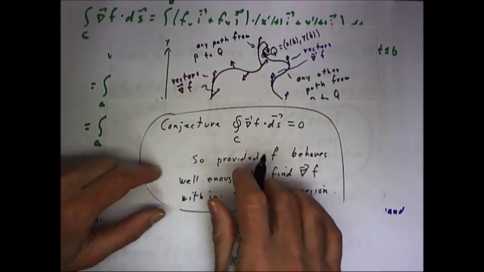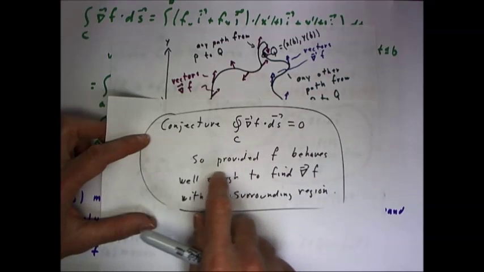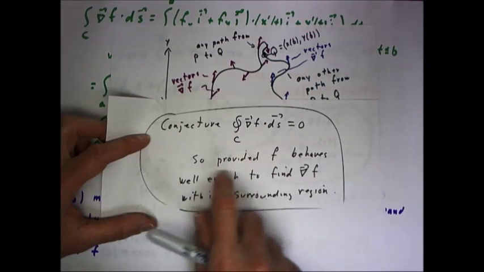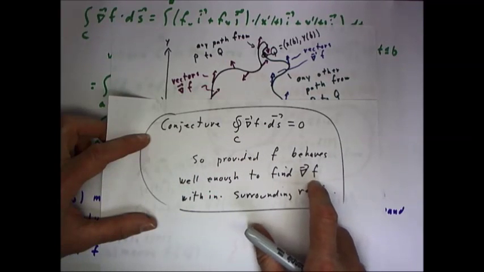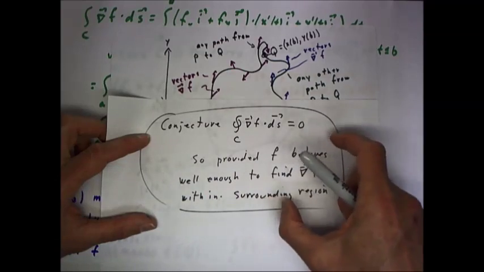And the way the proof is generally done and stated in a textbook, you'll find that the conditions for the behavior of the function f and the behavior of the function del f and also the behavior of the curve are nicely defined.